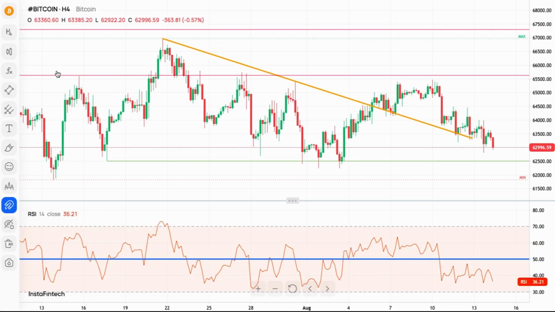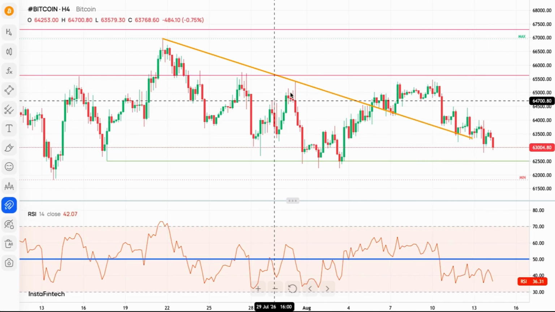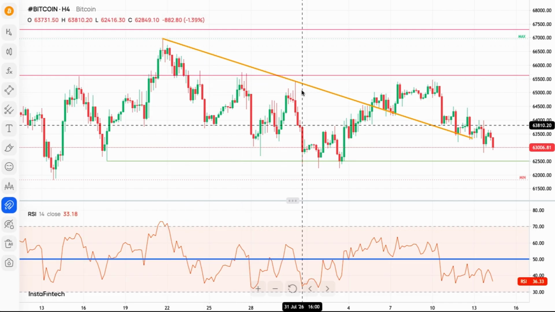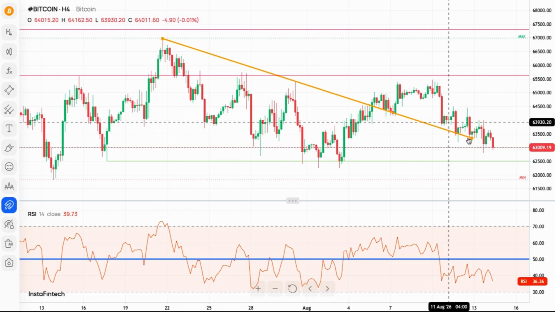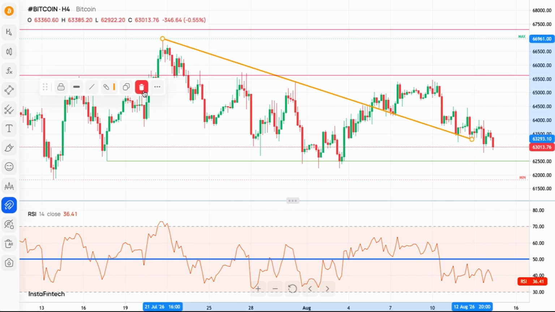And last but not least, the Bitcoin. As we said, this movement to the upside without a breakout above any of the crucial technical resistance levels might fail, and this is what's happened. The market is back below the trend line.